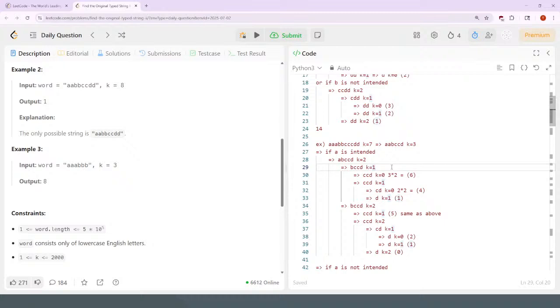More streaks by some number of k's. So does that work? Not with the current way I'm doing it.